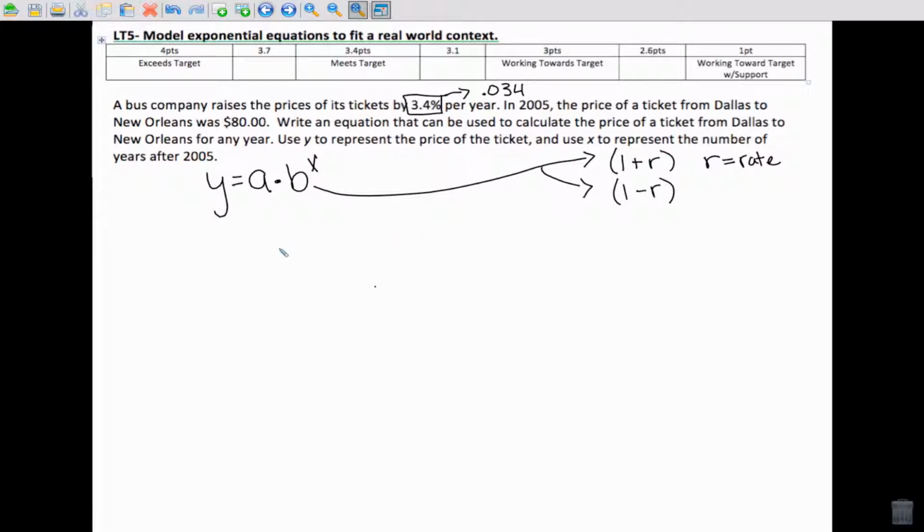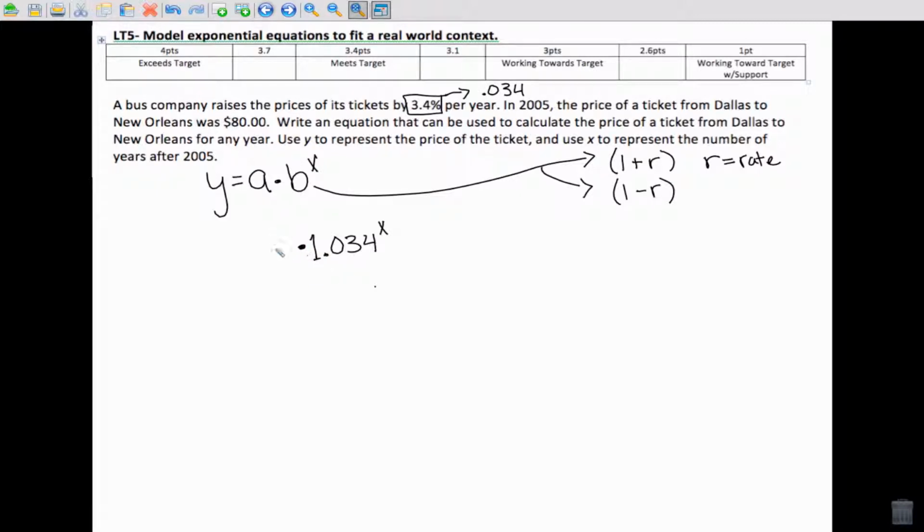So my B value in this case is going to be 1 plus 0.034, representing 3.4%. So that's my constant multiplier. Okay, some people used just 3.4, some people did some different things there, but that's my constant multiplier. The 1 is probably the biggest thing people forget.